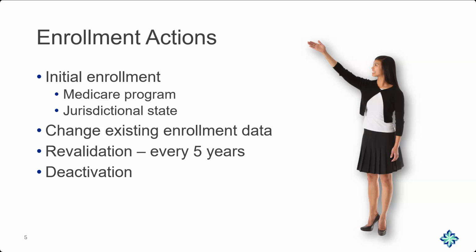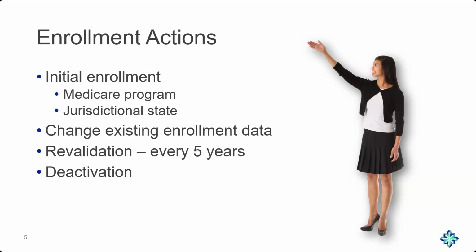And it has a lot to do with how our claims adjudication system is set up and how things price. Things are priced based off of, in the Part B side, based off of practice location, that geographic location. And so payment may be different, and we cannot commingle those states. So you may be an established Medicare provider, but you're now going to a new jurisdictional state, either with the same MAC or with a different MAC. That is considered an initial enrollment.